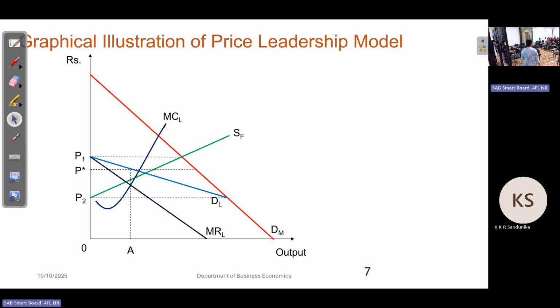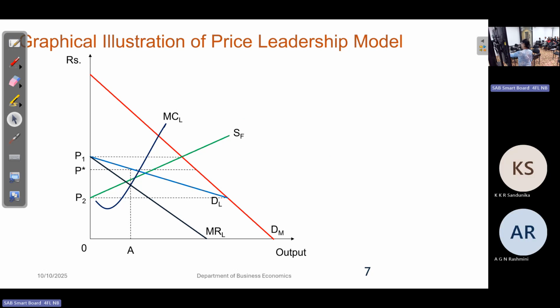So P star is the price determined in the market, taken by the leader. P star is where the leader's marginal revenue, MRL, equals marginal cost, MCL. So at A, the price is determined as P star.